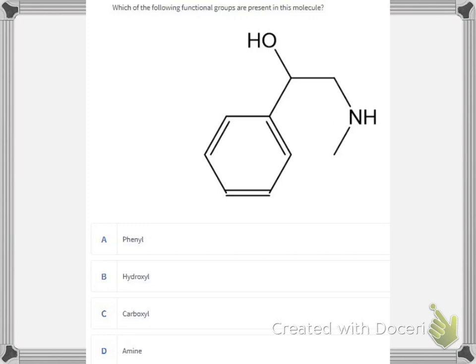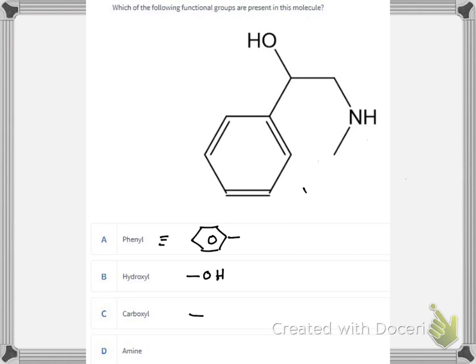Right, so which of the functional groups are present in this molecule? Most students come into the test with a page with some of these already listed, or you can memorize them. After you use them for a while, they're pretty easy to remember. So let's take a look at what each group represents here. A phenyl is a carbon ring with alternating single and double bonds, which we talked about as resonant, and then we draw just a circle in the middle to represent it. Hydroxyl is an OH group attached to a carbon.